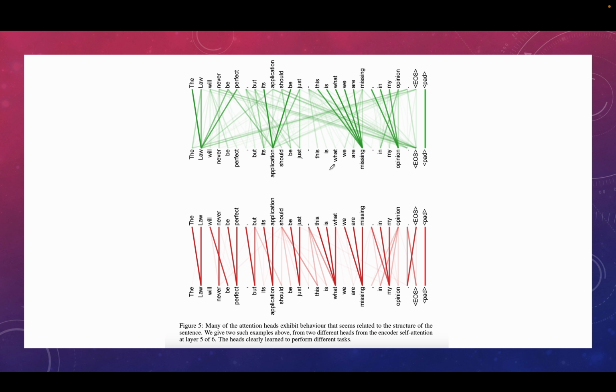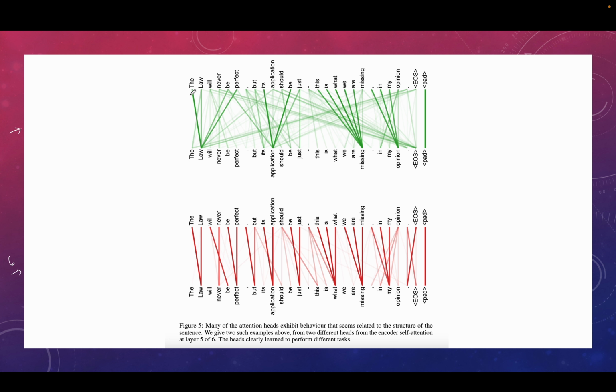Now let's see some examples from the original paper. Here they had shown that we have multiple attention heads instead of single self attention blocks. So this is attention block 5, the first one, and the next one is attention block 6.